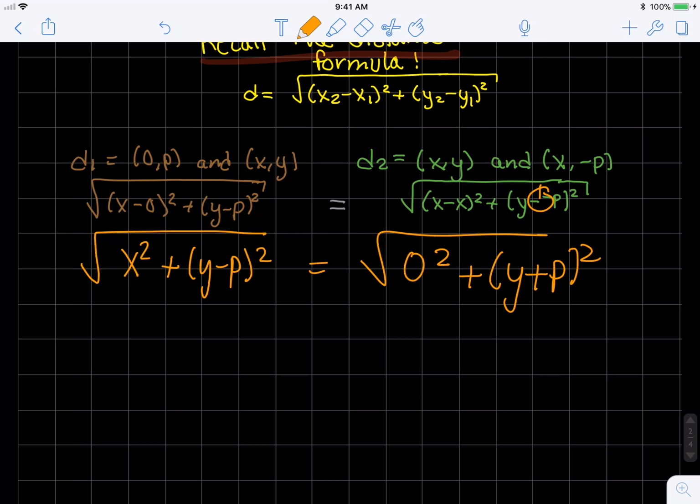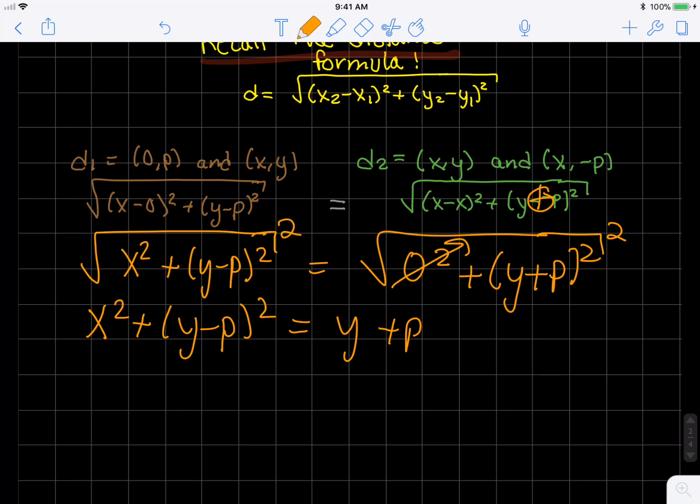Because a negative minus a negative is positive. From there, we're going to square both sides to get rid of our radical. So we have x² + (y − p)² equal to 0² (which is 0) + (y + p)².